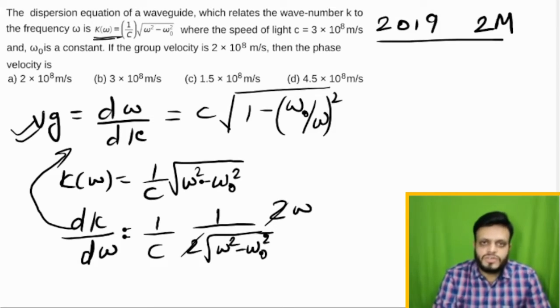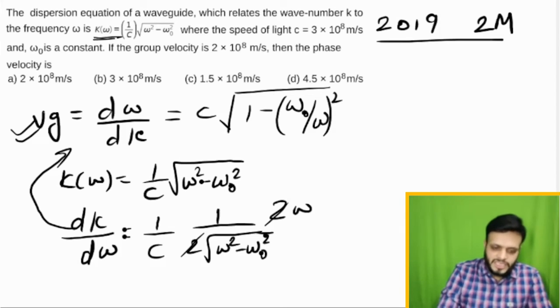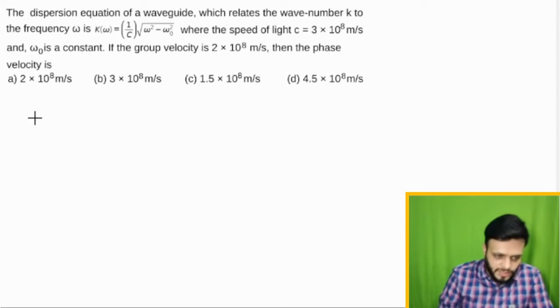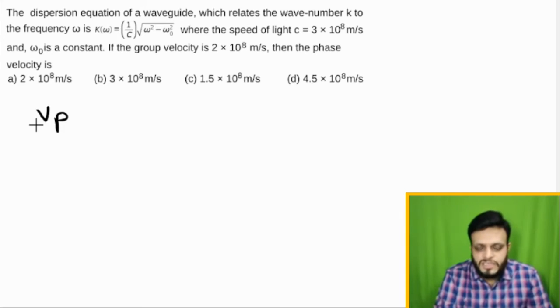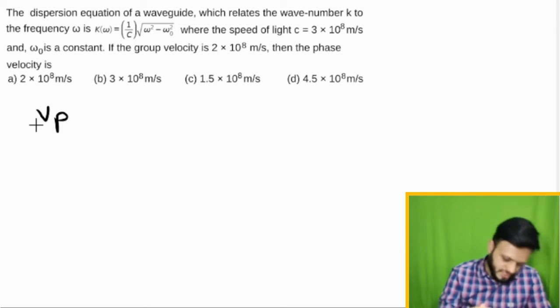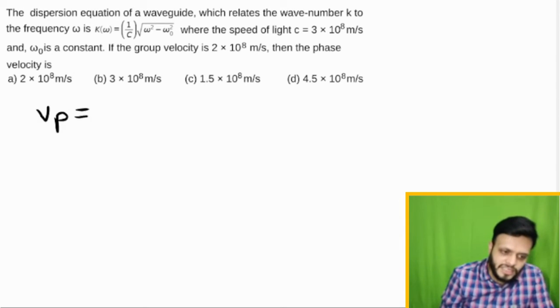Now the next question that arises in your mind is, what is the phase velocity? Phase velocity is denoted by Vp, and by definition it is the velocity with which a specific component of the wave travels in space, which is mathematically given as omega over k.